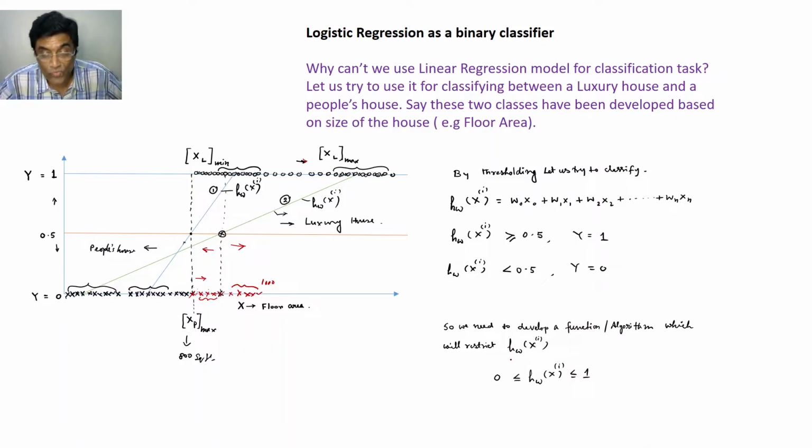So we need to make a bound. We need to design a function or algorithm which will restrict our hypothesis, and this restriction should be between 0 and 1. So we have understood why we can't use the same linear regression model which we studied and designed so enthusiastically.